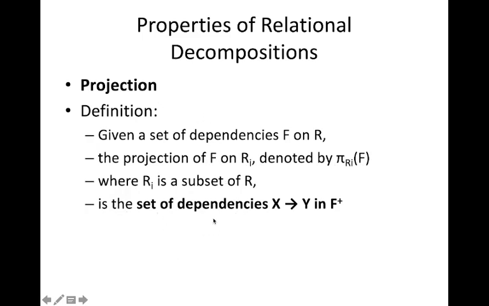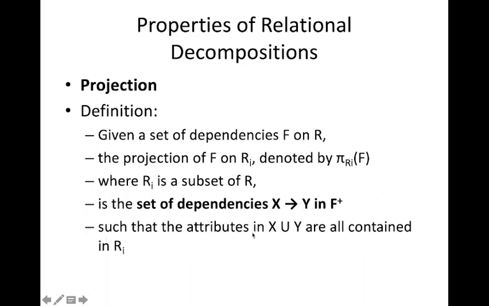So projection means it is a set of dependencies X to Y in F closure such that the attributes in X union Y are all contained in Ri. If in the relation R1, for example, there is some functional dependency X to Y, that X to Y should be in F closure. F closure is the closure of this universal relation. Then it is known as the projection of F on Ri.